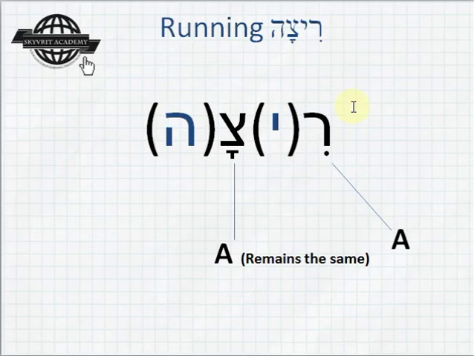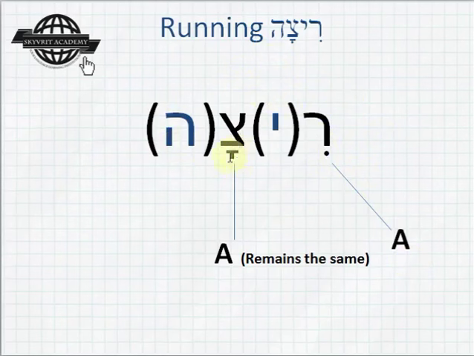Remember our goal: to make it third person past tense, but not just that, we want to make it a verb. So we need to get rid of this yud and this hey. And once we get rid of both, this e sound turns to ah.